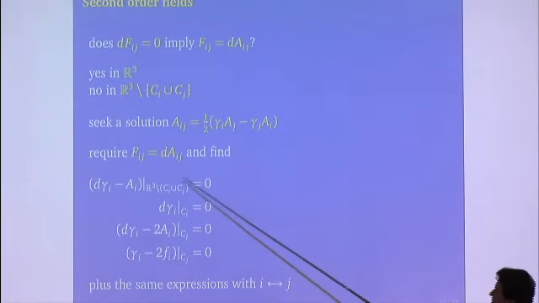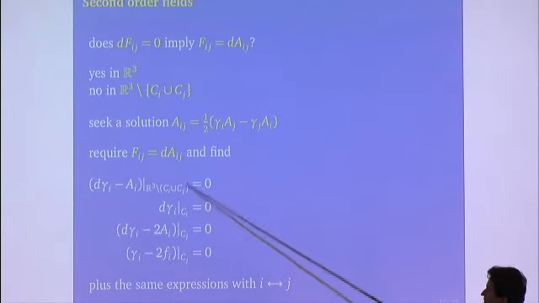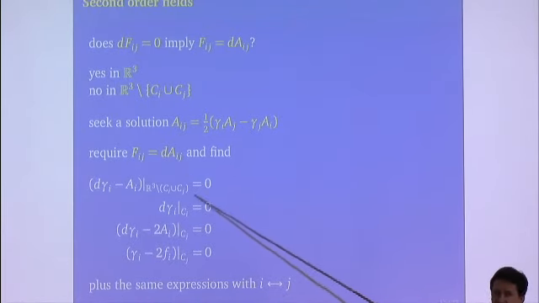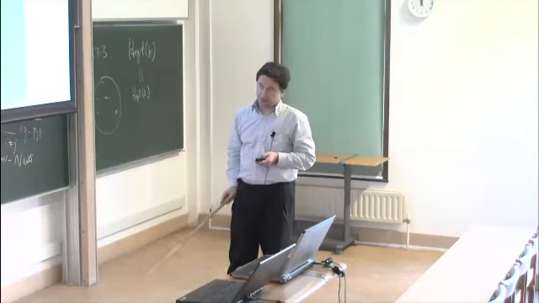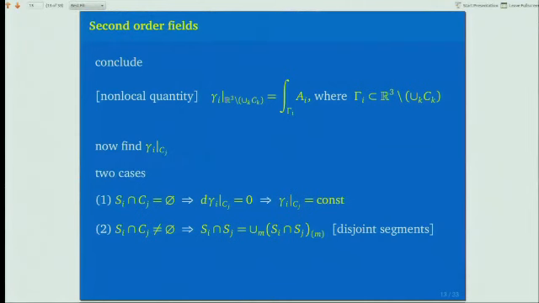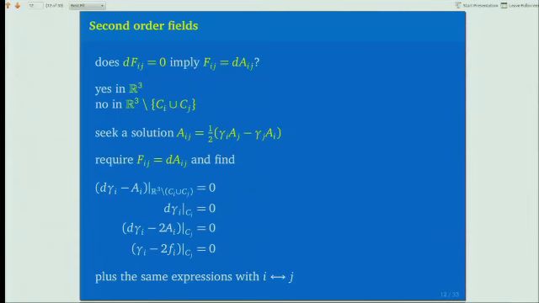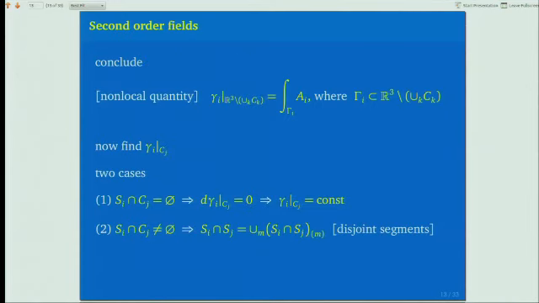All right, so again, let's require this and look at various subspaces defined by ci and cj, the complement and the curves themselves, and you will have something like this plus a symmetric combination of that. What you can find is that these quantities, the gammas which I had here, are nothing more than line integrals of the forms Ai, of course in the complement of all the curves. And the curves I assume to be non-linked, as you already saw.